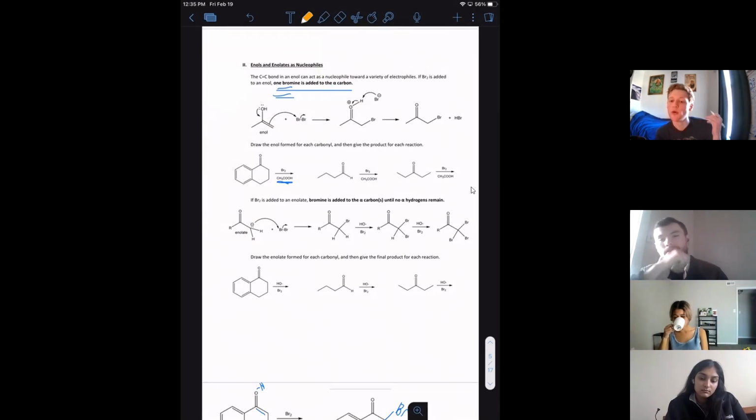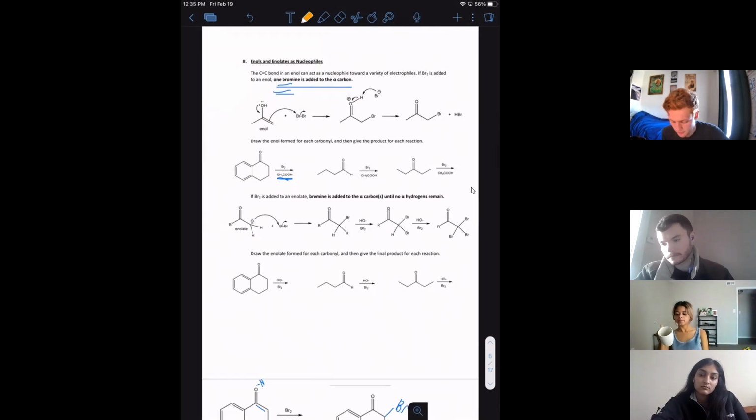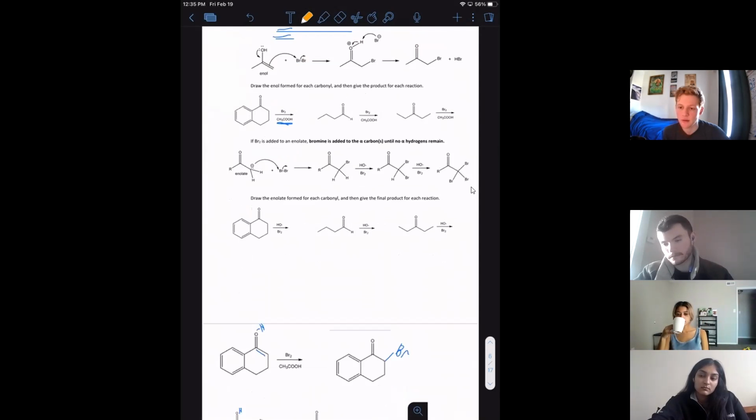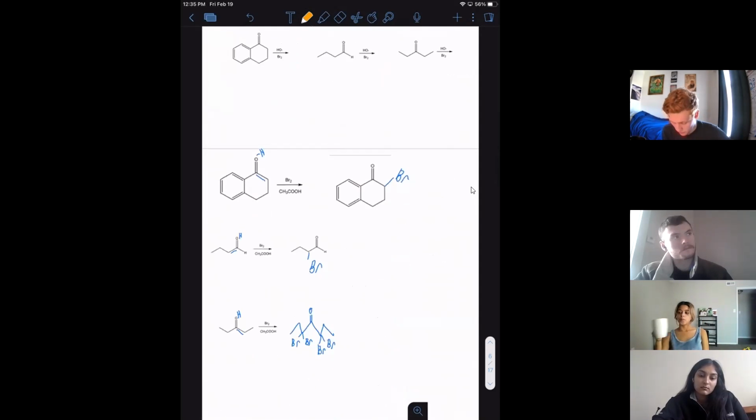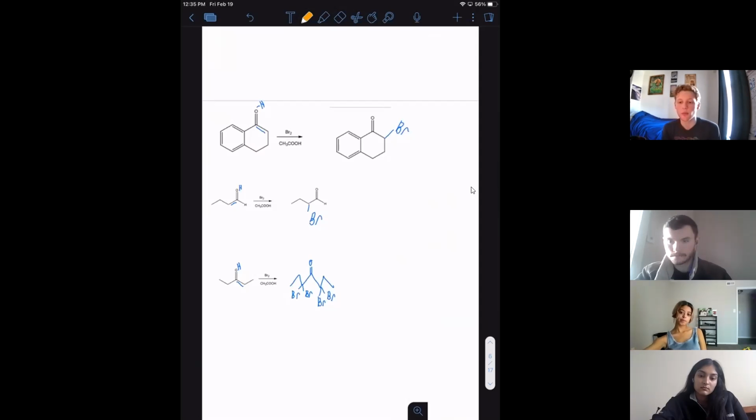The more bromines you add, the more stable it's going to become, so it's like a compounding effect. The reason we're using specifically the acetate here is because it prevents adding more than one Br. So this first section is just pretty simple, making enolate ions like you guys have been doing.